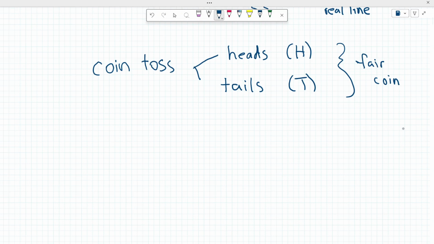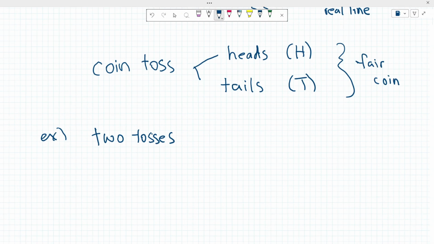So what we're going to do in this example is record the sequence of heads and tails in two tosses. We're going to do two tosses in a row, and we're going to see what our sequence of heads and tails is. So what is our sample space from this random experiment?